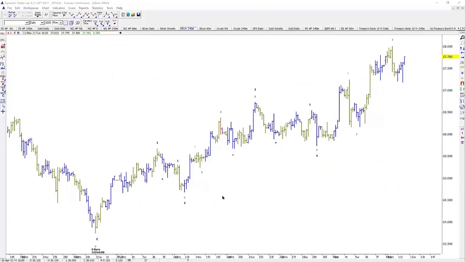Well, this is the 240-minute data coming up from that late March low that is a potential wave E, potentially completing a much higher time frame corrective decline. This is the data up through about when I'm recording this. And I like 240-minute data for the 24-hour futures data and the Forex data.